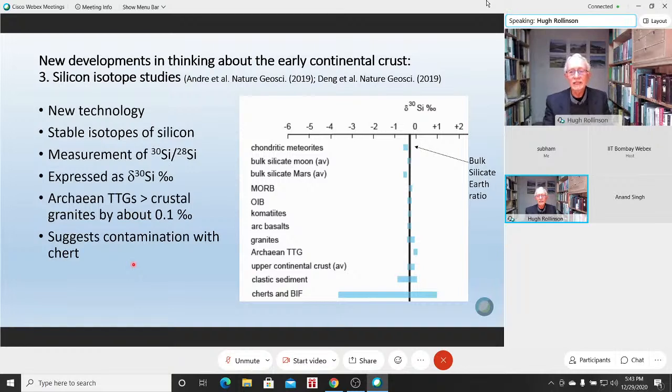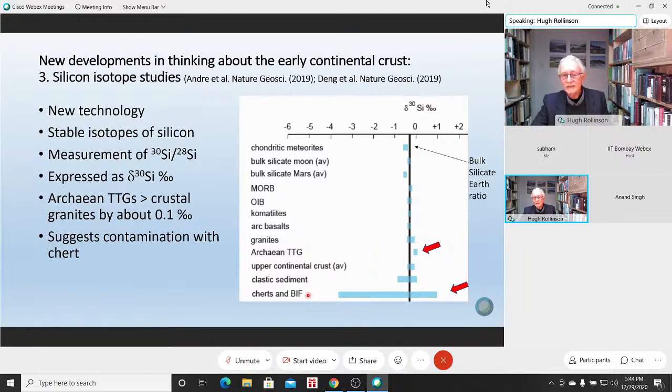If you look at this diagram here, you will see that Archean TTGs are enriched in their delta silicon-30 by a tiny amount. Notice that the scale represents a very tight range in the silicon isotope scale, so there is not much variability between different rock types, but Archean TTGs are distinctive in being enriched in their silicon-30 content.